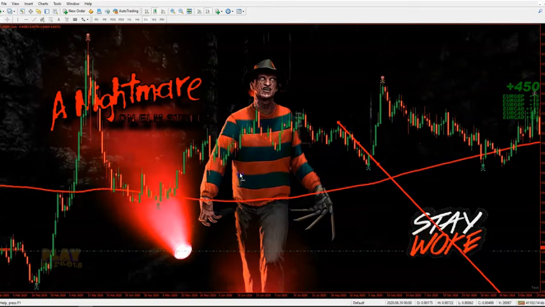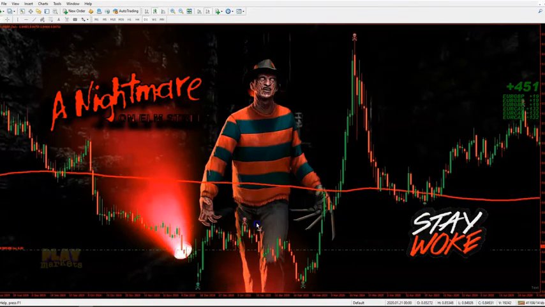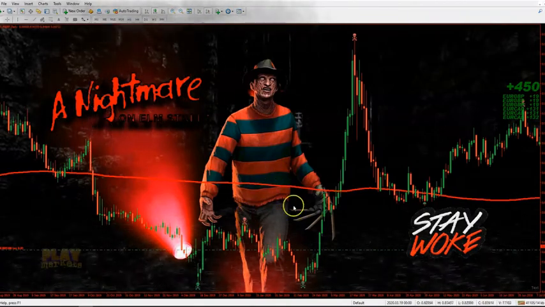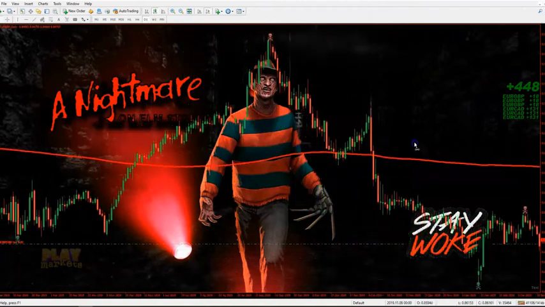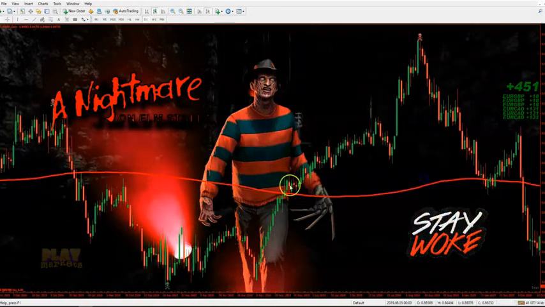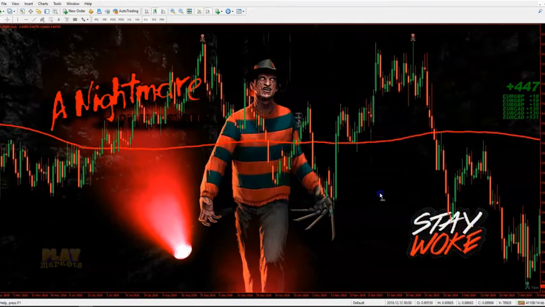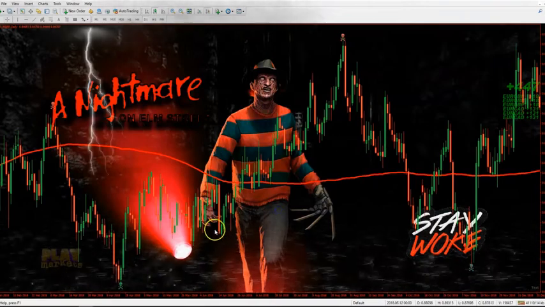Let's move on. Here's another sell here, a red skull underneath the 200 moving average. We're just going back in time looking at this to see how many sells we potentially could have made.